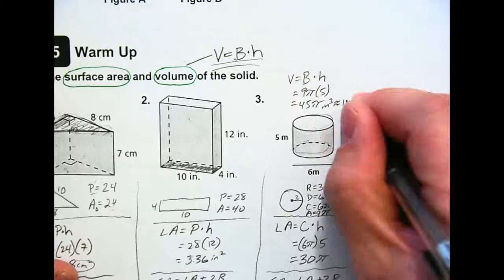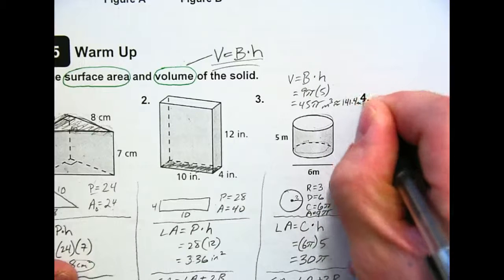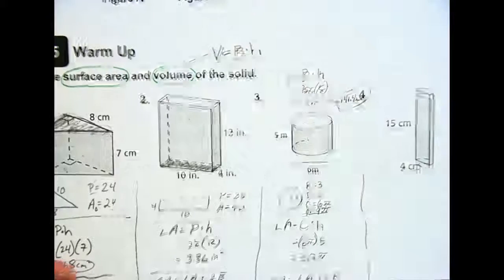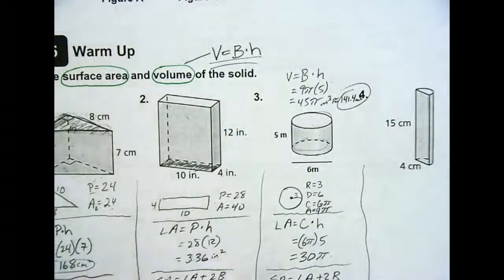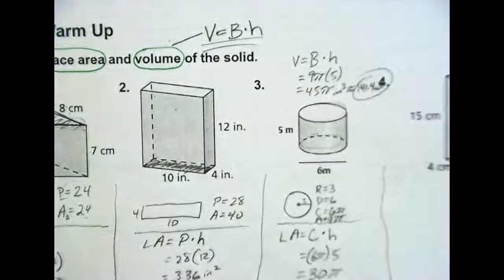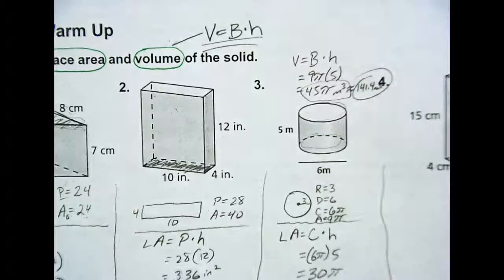All right, so let's round it. We'll go to the tenth here. 141.4 or 45 pi. Volume's a little easier, a little less involved.